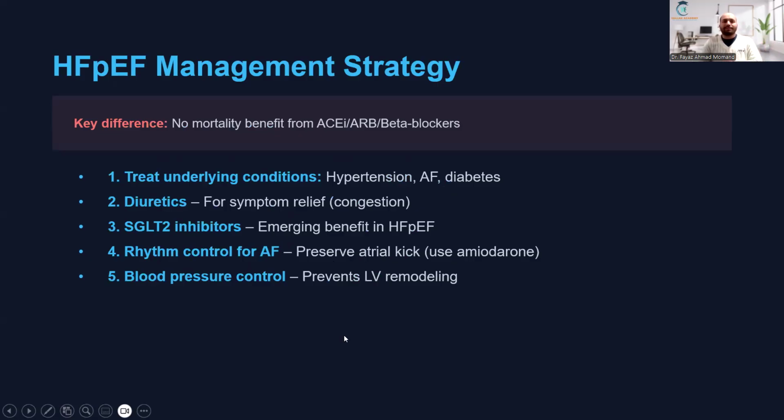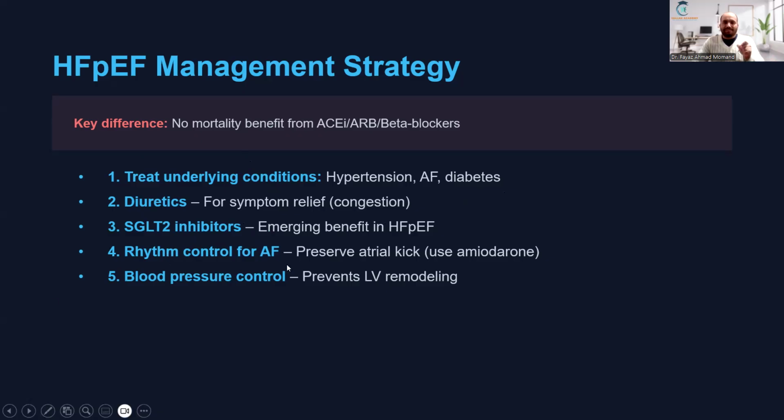Now, coming to heart failure with preserved ejection fraction, the key difference from reduced ejection fraction is that we don't get a mortality benefit from using medications here. So our goal is to treat the underlying conditions: hypertension, atrial fibrillation, diabetes. We use diuretics when they get symptomatic. SGLT2 inhibitors here have benefit.